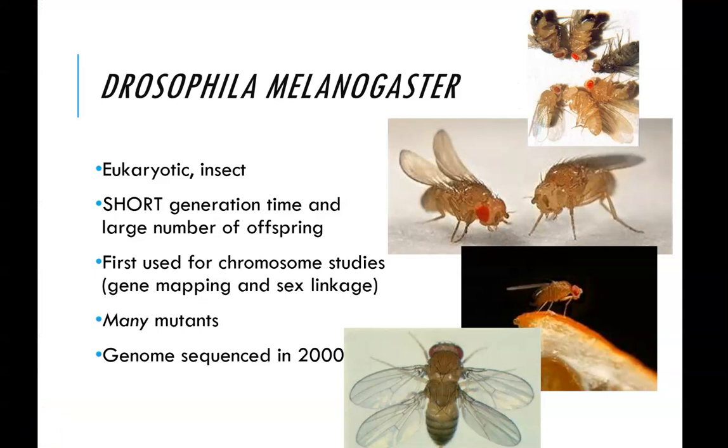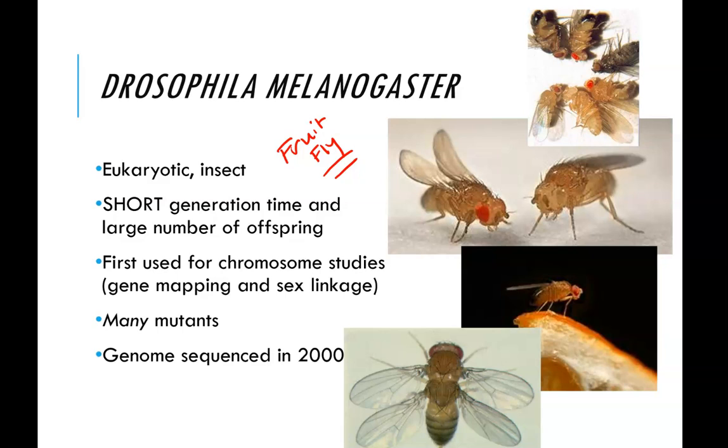Another common model organism is Drosophila melanogaster. This is more commonly known as the fruit fly. So this is the guy that flies around your kitchen and infests peaches and things on your countertop in the summer. Same little guys.